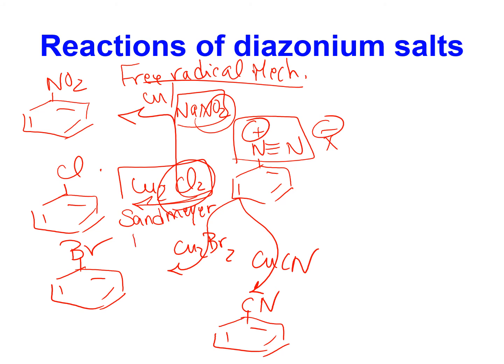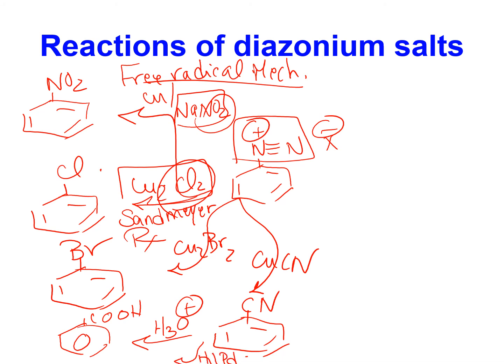Sandmeyer is a scientist who discovered this type of mechanism, and it has been employed afterwards with other reagents like cuprous bromide and cuprous cyanide. Remember that once you've added the cyano group, you can hydrolyze it to acids, or you can reduce it to amines.